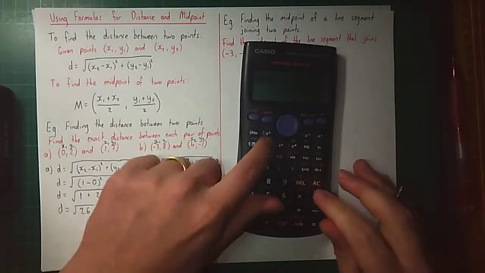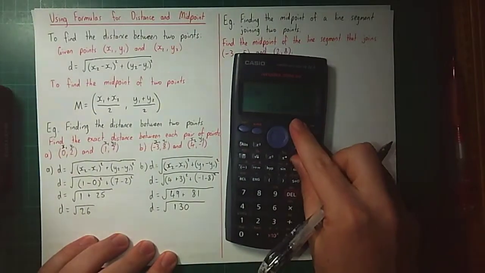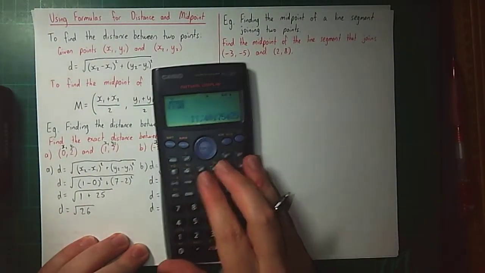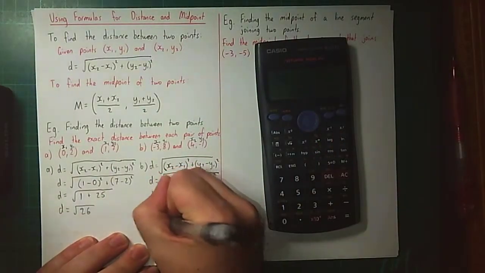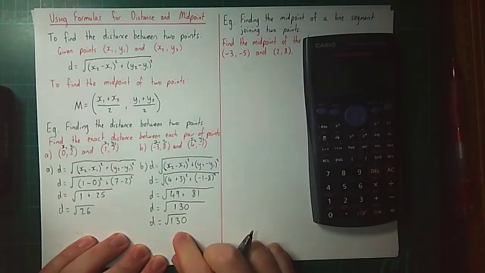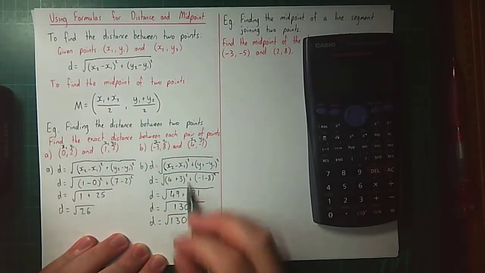And does the square root of 130 equal anything? No, once again, it's an irrational number. It just has a lot of decimal places, as you can see. So we'll just leave it as the distance is the square root of 130. If you can simplify the root, but at the moment, that's fine. We've just got the exact distance between those 2 points.